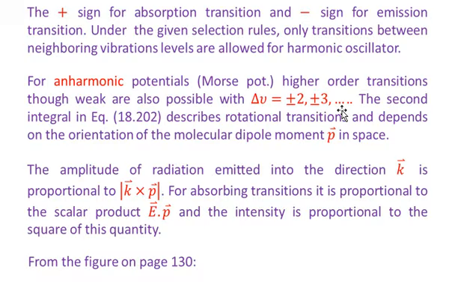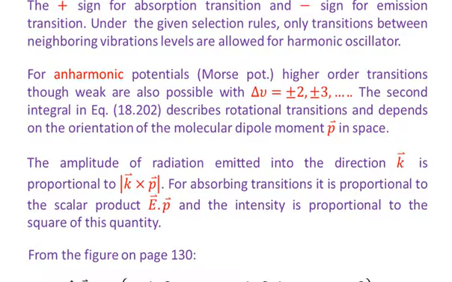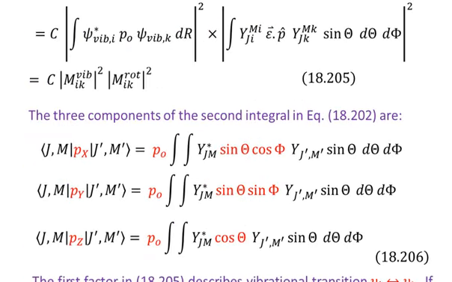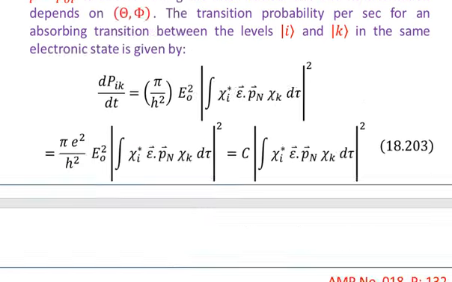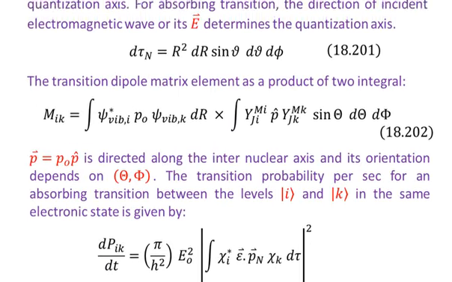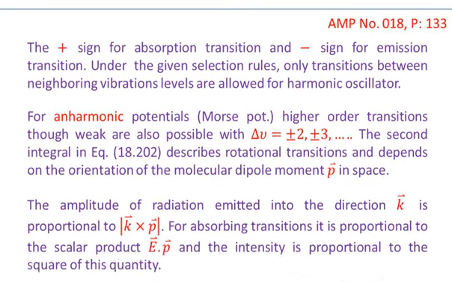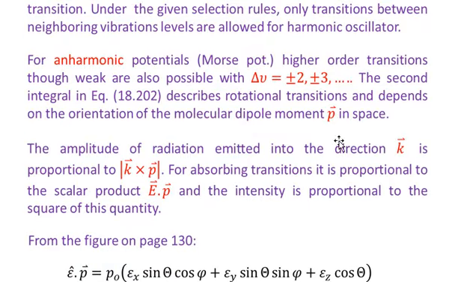The second integral in equation number 202, for example, describes the rotational transition and depends on the orientation of the molecular dipole moment P in space.